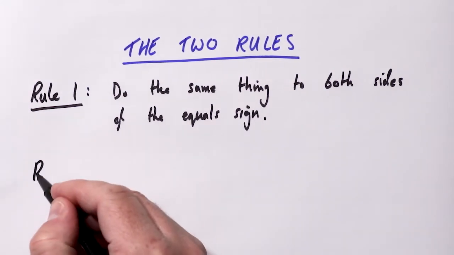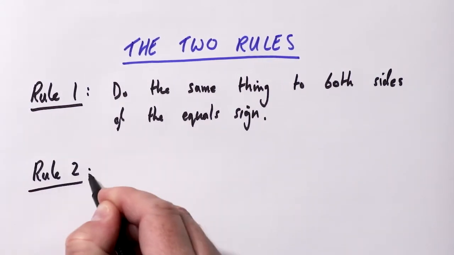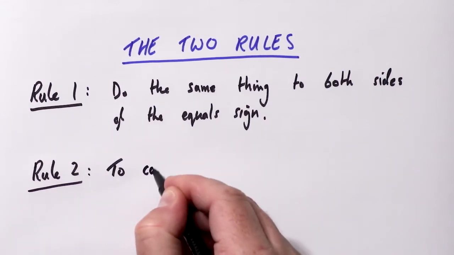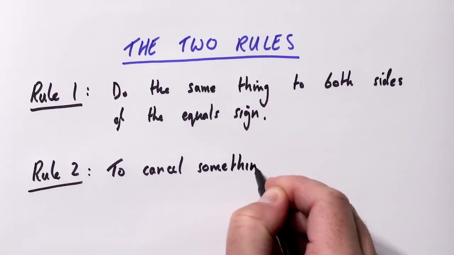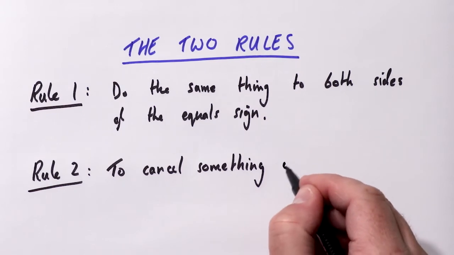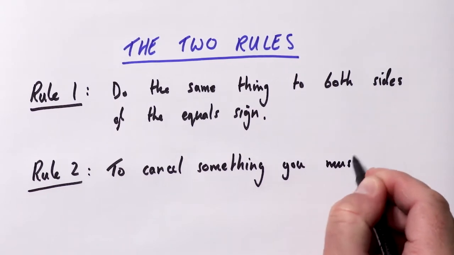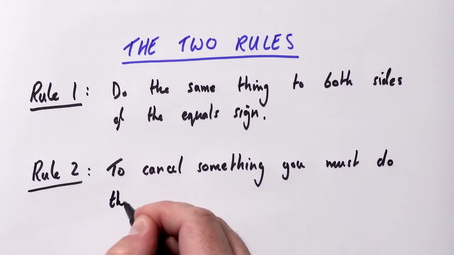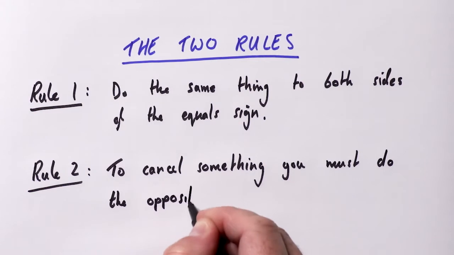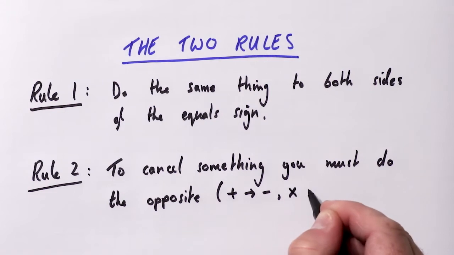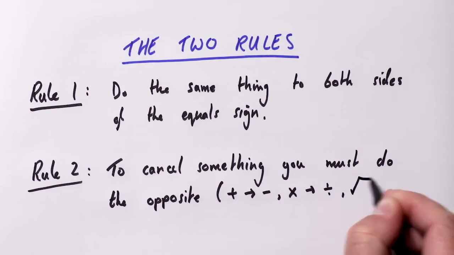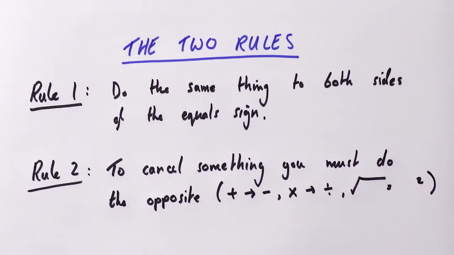And rule 2, to cancel something, so to get rid of it, say, you must do the opposite. So plus becomes a minus, a times becomes a divide, a square root becomes a squared. And if you follow those two rules, all of the equations you rearrange should make sense.